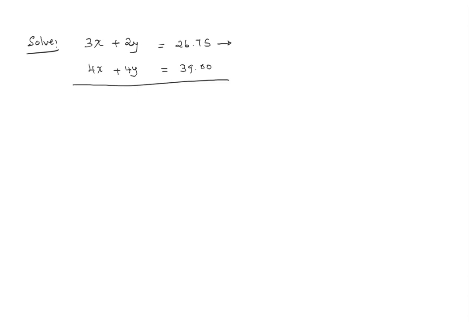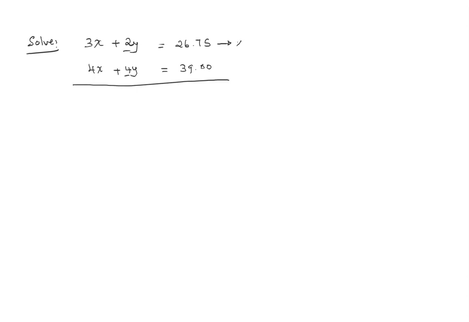So I'm writing the equations again, equal to 26.75. Now, when you look at the equations, you can tell which variable we can eliminate. I can eliminate y because this is 4 and 2.